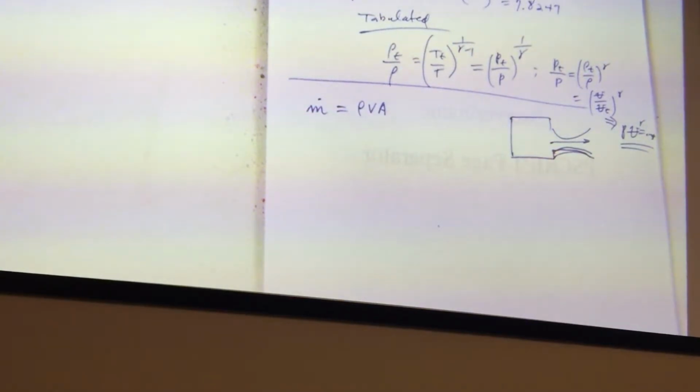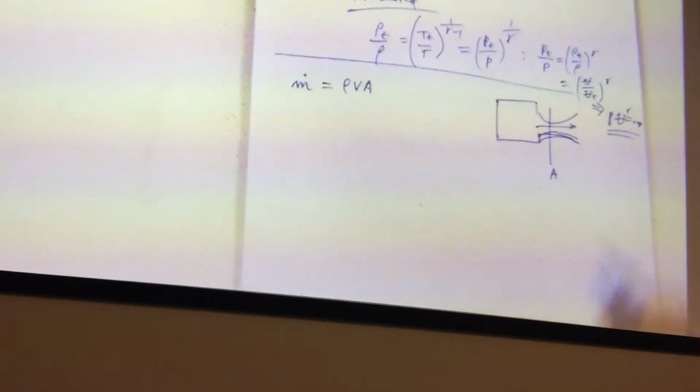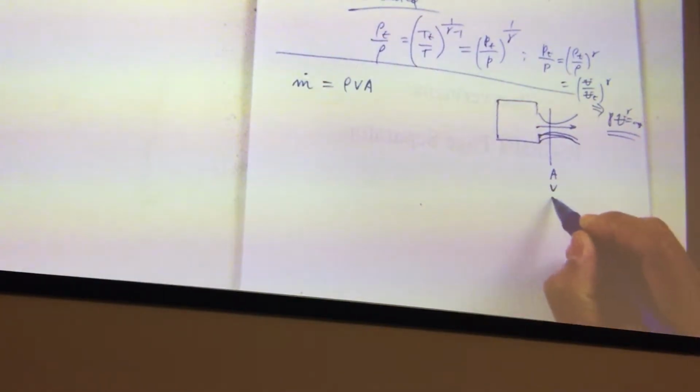Okay, now, this other thing about the mass flow rate. At any point your mass flow rate is really rho V A. So you look at any location, the area is A, velocity V, density is rho.